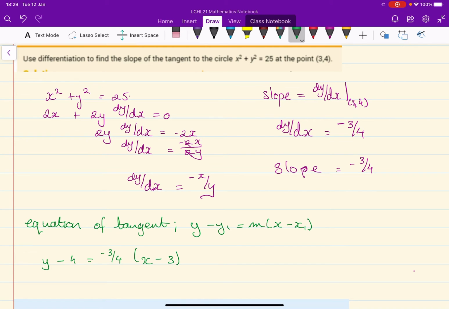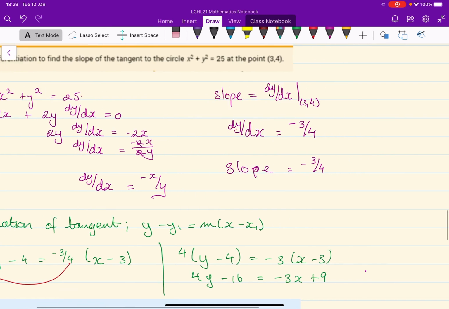3. And remember that you multiply, this multiplies by here. So we get 4 times y minus 4 equals minus 3 times x minus 3. So that's 4y minus 16 is equal to minus 3x plus 9.